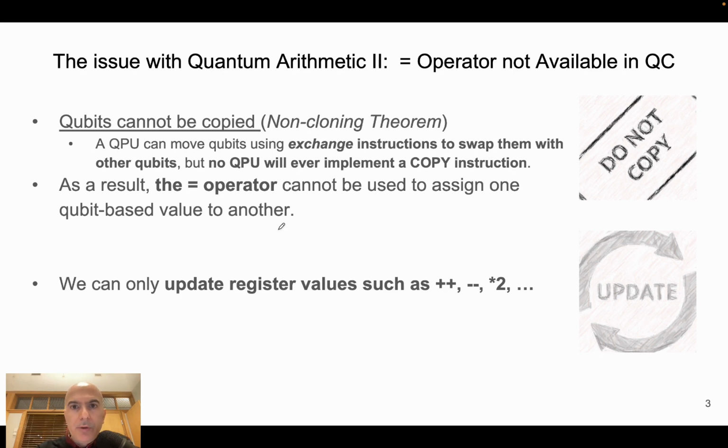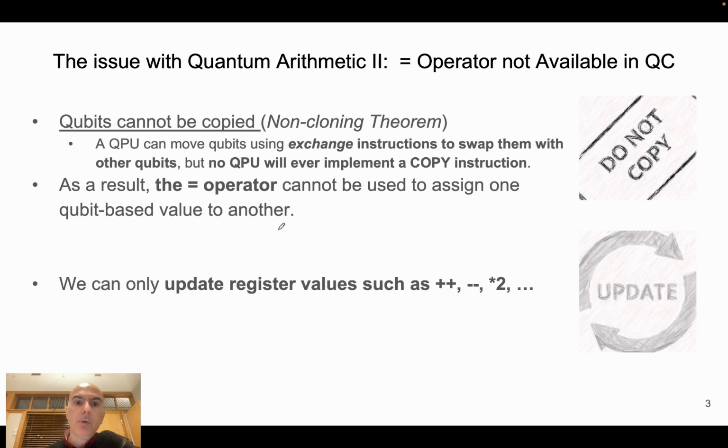One of the major constraints that we have is that qubits cannot be copied. This is because of an important quantum computing theorem called the no-cloning theorem. For this reason, we don't have any copy instruction in quantum computing. However, a QPU can move qubits using the swap or exchange QPU instruction to swap the qubits with other qubits.